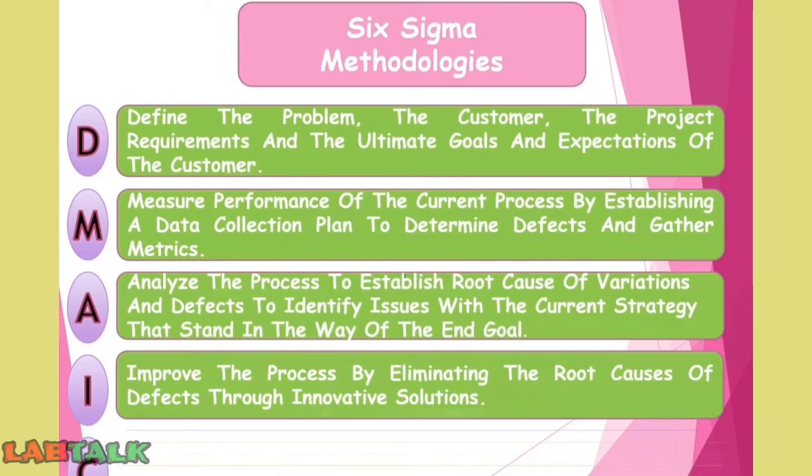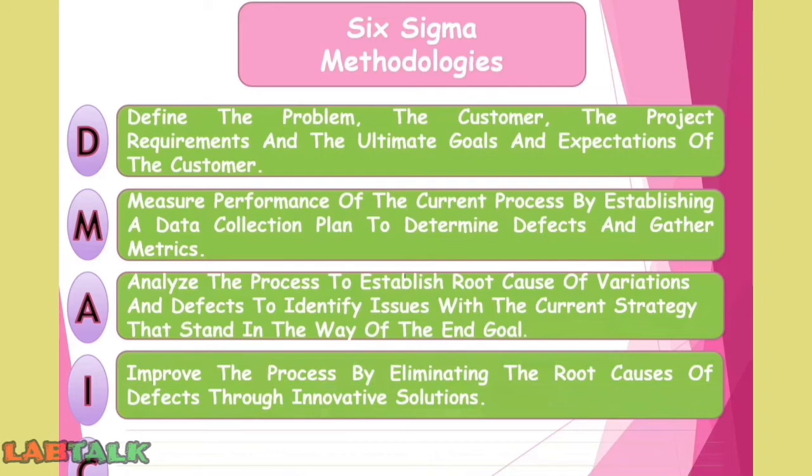So what are the root causes of the defects, what are the obstacles in the project, what are the processes that need to be redefined or improved, should be done through solutions. This again can be done by brainstorming, where innovative solutions can be brought to improve the processes, so that a step forward can be taken to achieve the goals.